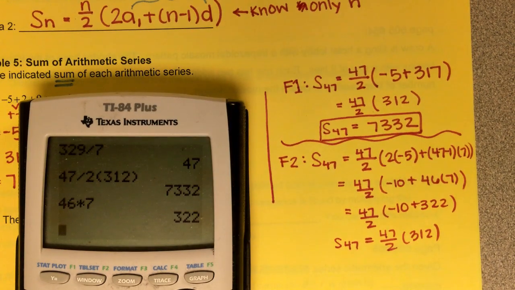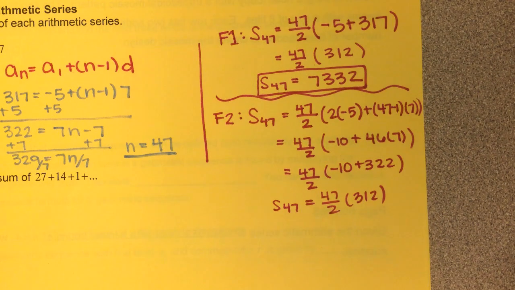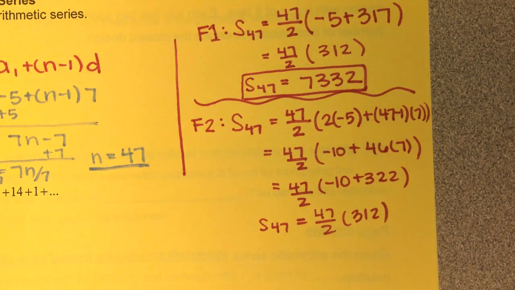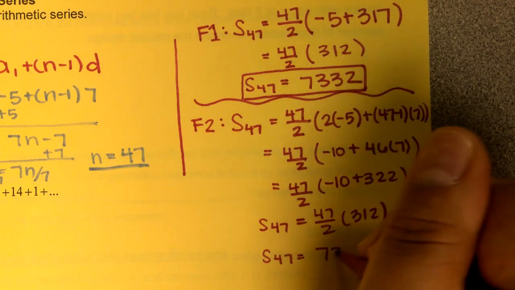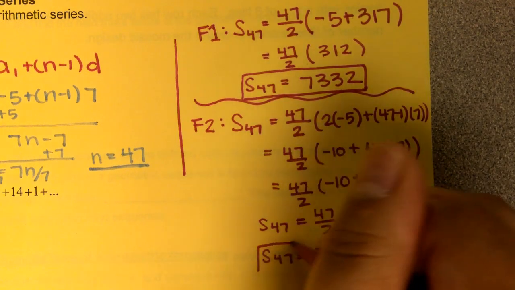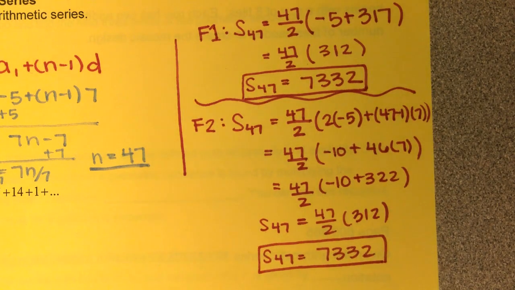And so forth. You get the same answer. And again, I'm showing every single step for your notes. You wouldn't be required to show every step like that. I'm just doing it so that you can see the process.